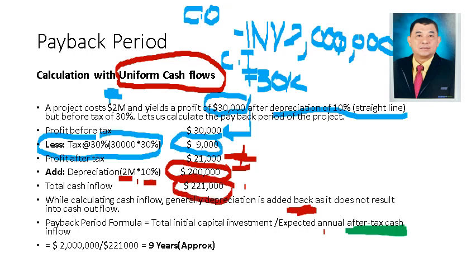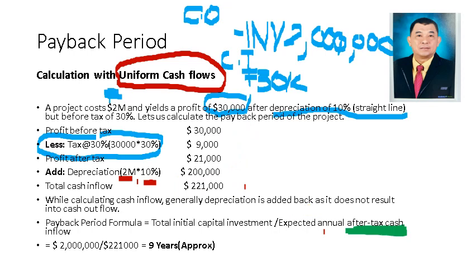Where did you get this, Doc? 200,000 plus 21,000. So let's remove some notes, to make it clear. Okay. So therefore, if you want to compute now the payback period for a uniform cash flow after tax, it's ready.